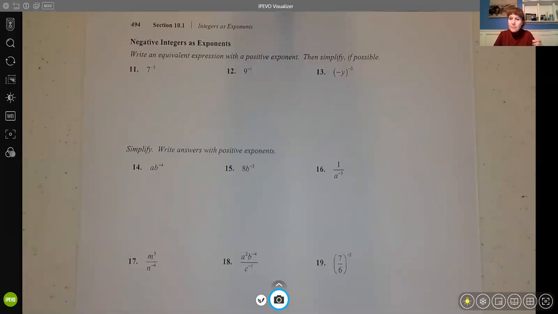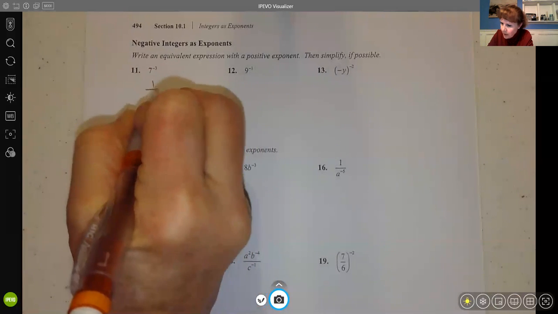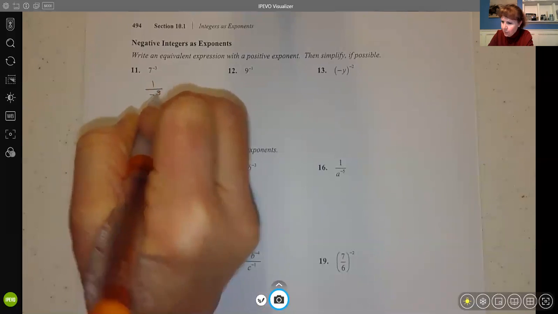So that negative exponent changes its position only. It won't change the sign. It won't make it a negative 7. It actually just changes the position of the 7. So right now, the 7's in the numerator. It's over 1. So I'm going to put this 1 over 7 cubed.